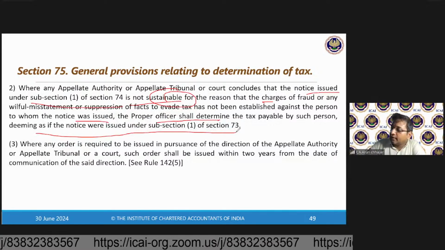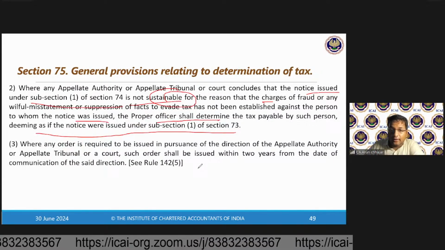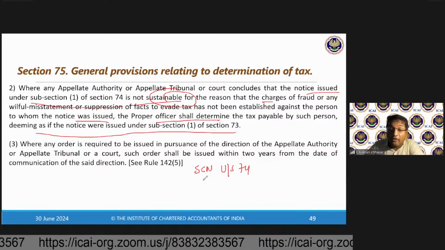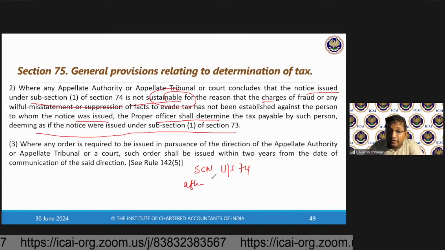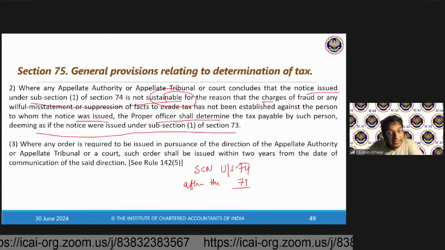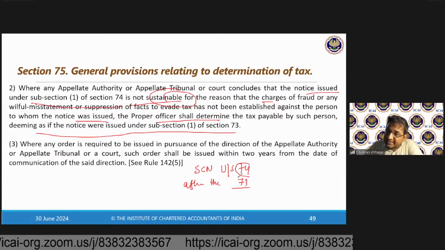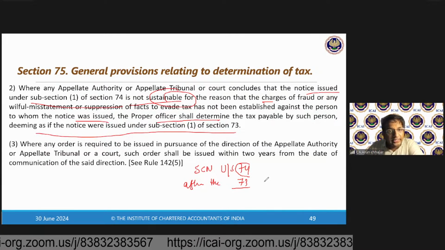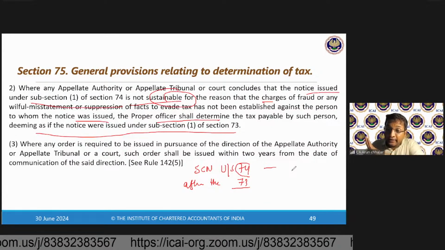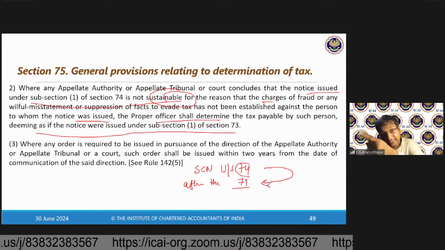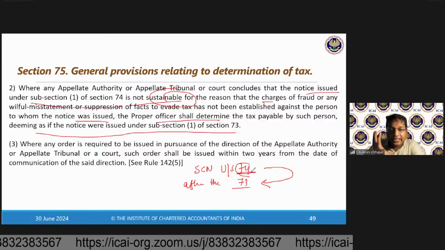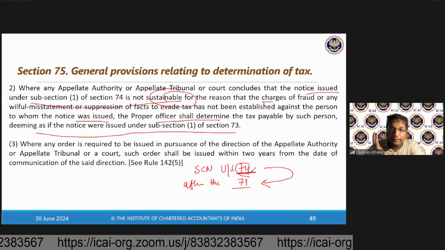But the problem is, suppose the notice has been issued under section 74 after the time limit of 73, and that notice was not sustainable. The appellate authority or tribunal says that the notice is not sustainable under 74. The doubt was, will it be sustainable under 73? Because as per 75, it will be deemed that it has been issued under section 73.